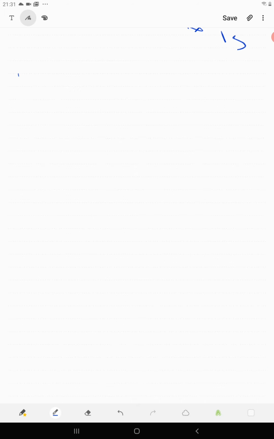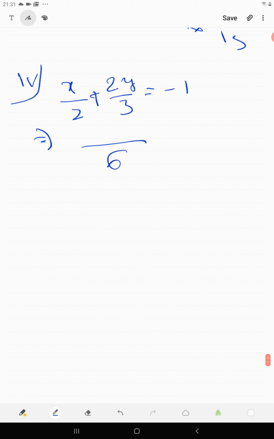Now let's do problem 4. Problem 4 we have is x by 2 plus 2y by 3 equals minus 1. This is our first equation. So let's first solve this. The LCM for 2 and 3 is 6. Now 6 divided by 2 is 3, and 3 will be multiplied with x, so 3x.